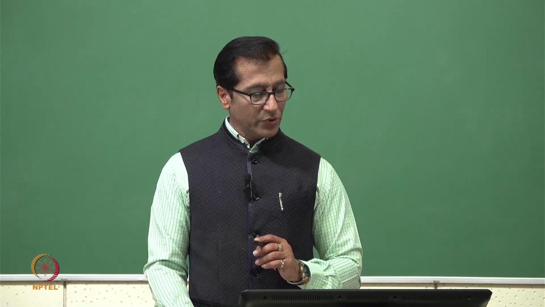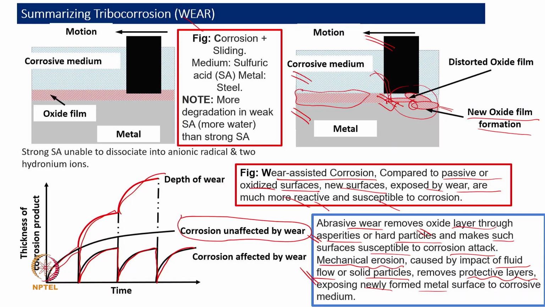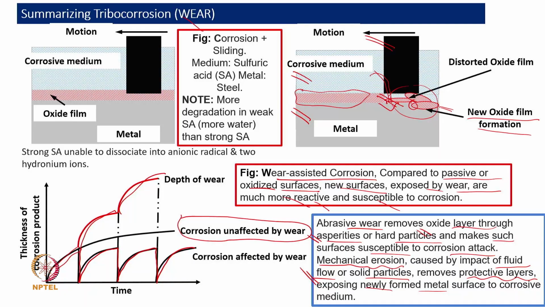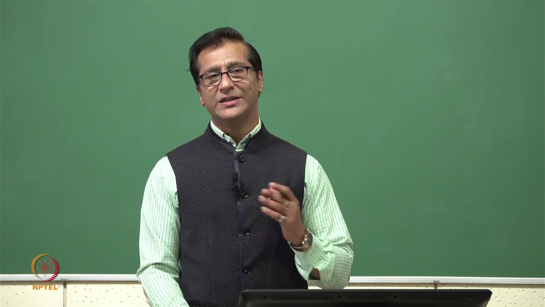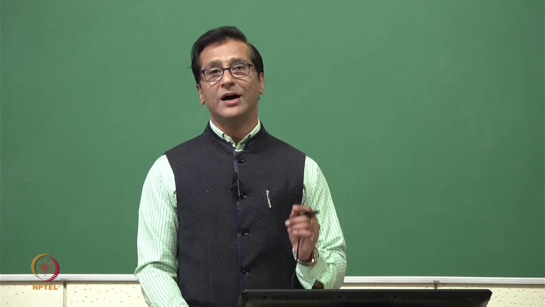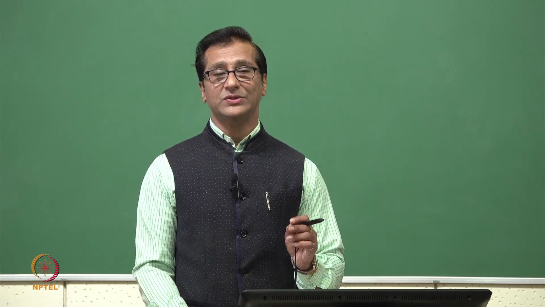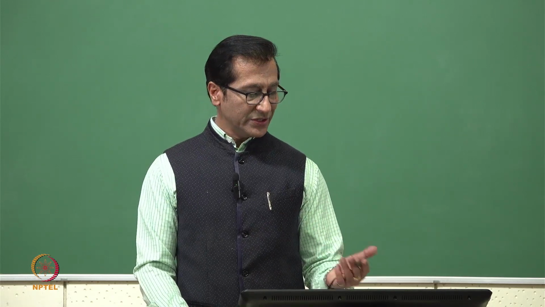Now one interesting point comes here: whether everything can work as an electrolyte media or not. What we have realized is that when we use strong sulfuric acid, it doesn't get into the anionic form, and because of that, strong sulfuric acid or any strong acid will not harm as much compared to a weak acid. So this is an interesting point.